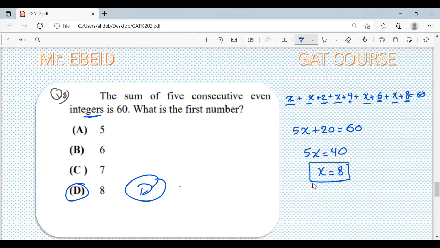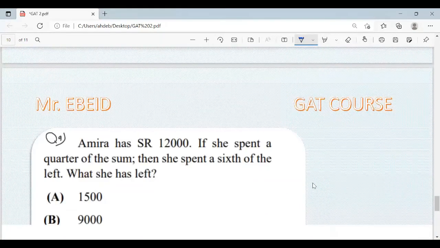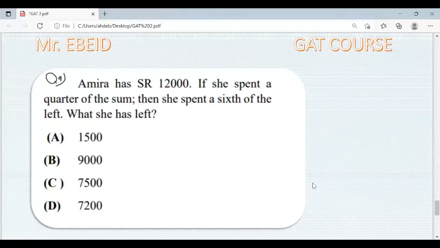Okay, let's move to question 9. Amira has won 12,000 riyals.